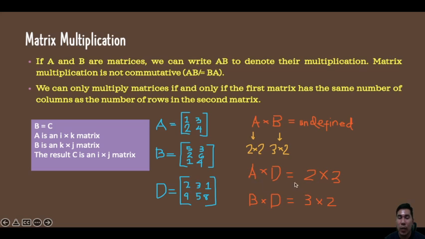Therefore, we get a 2 by 3 matrix as a result of A times D. And for B times D, we have two columns in B and two rows in D, although D is 2 by 3. Since it met the condition, we can multiply these two matrices, and this will give us a 3 by 3 matrix.